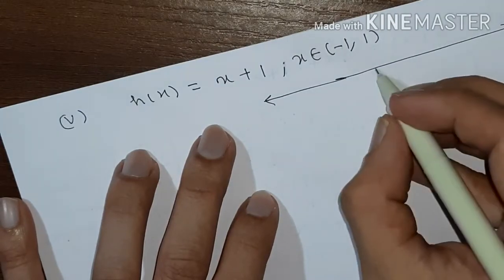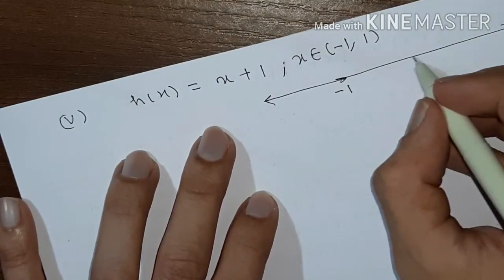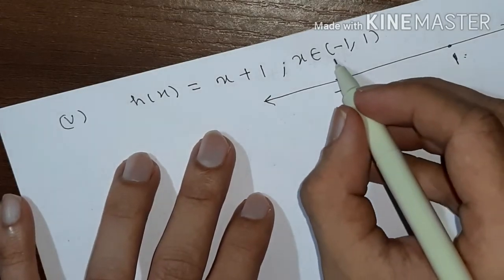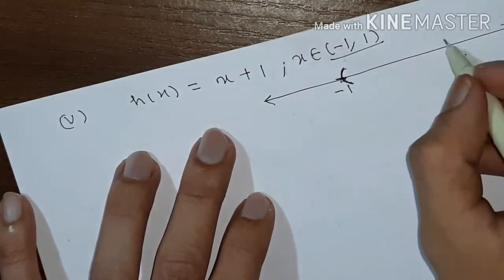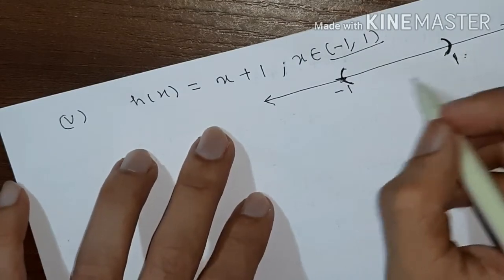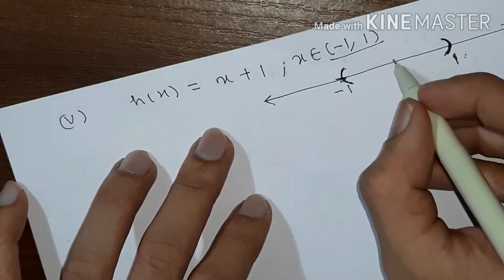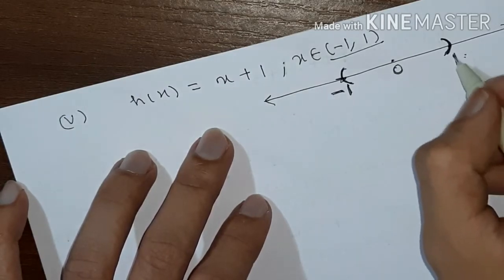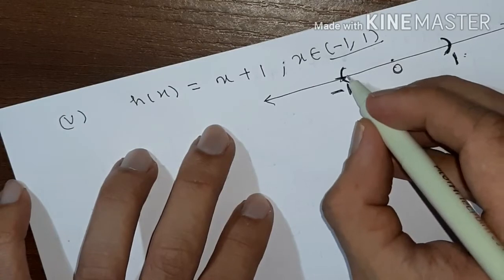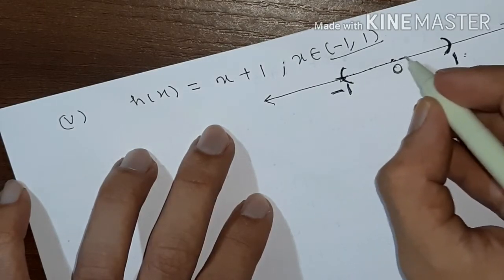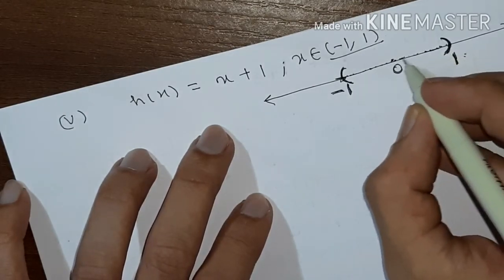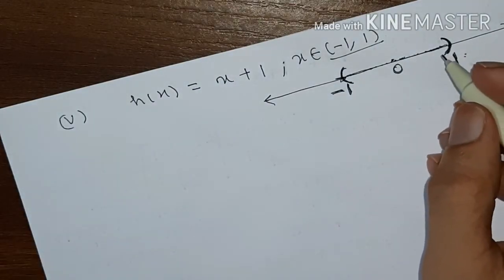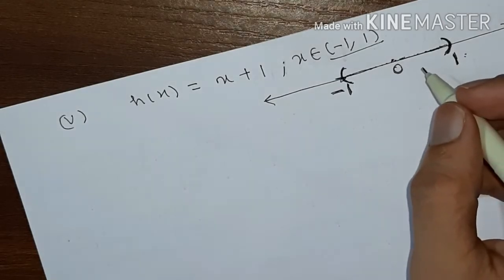If you look at the number line, if this is -1 and this is 1, the interval is open, that means 1 is not included, and -1 also is not included, and you are taking all the values between -1 and 1. So what will be the minimum value? There will be no minimum value.